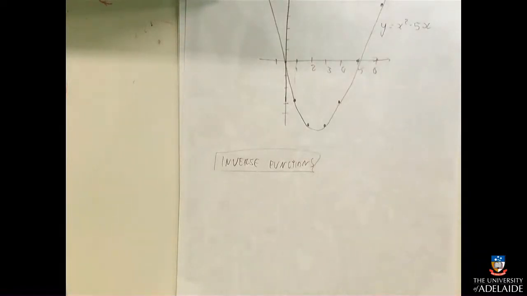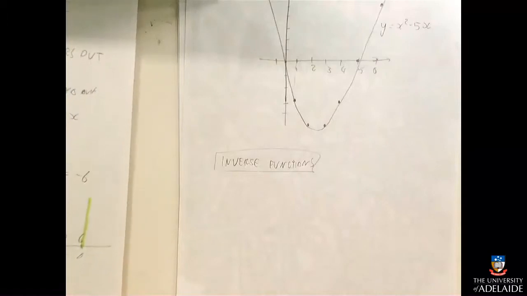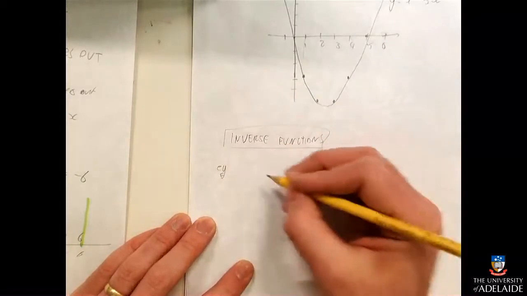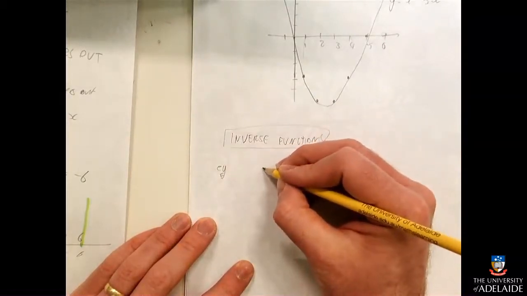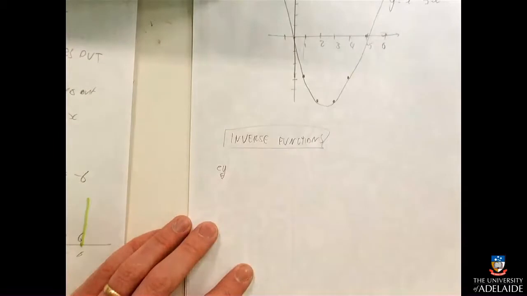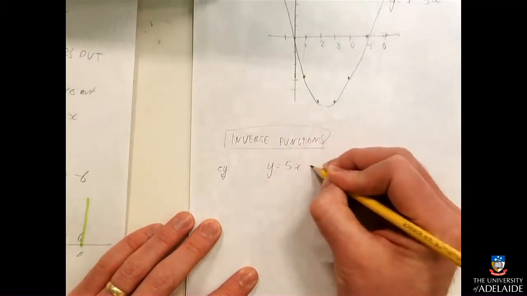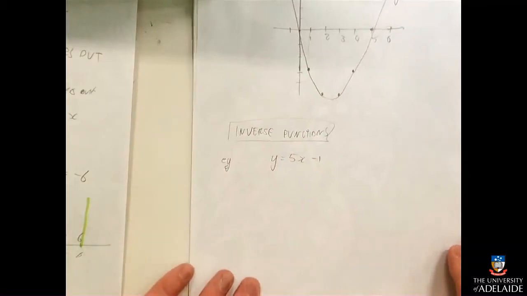And it's a little easier to talk about them in terms of this diagram here. So inverse functions, if you have a big list of what number goes to what. So we had, I won't use that one. I'll just use 5x minus 1 if that's okay.